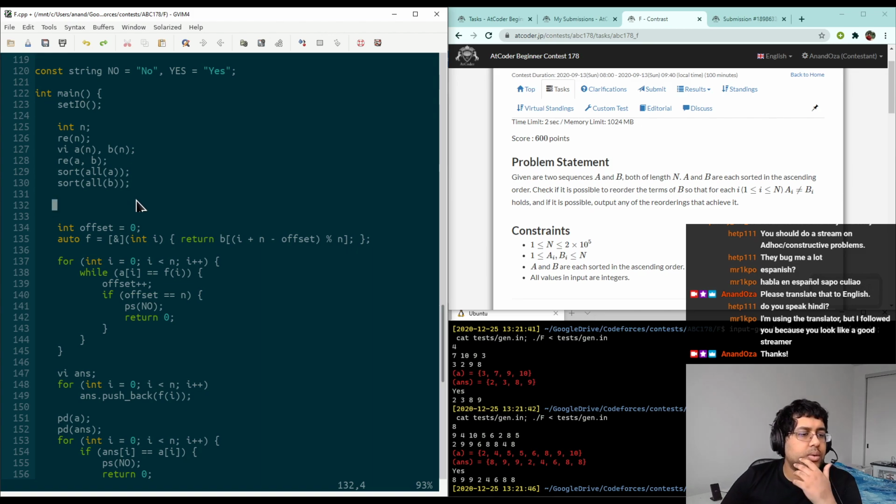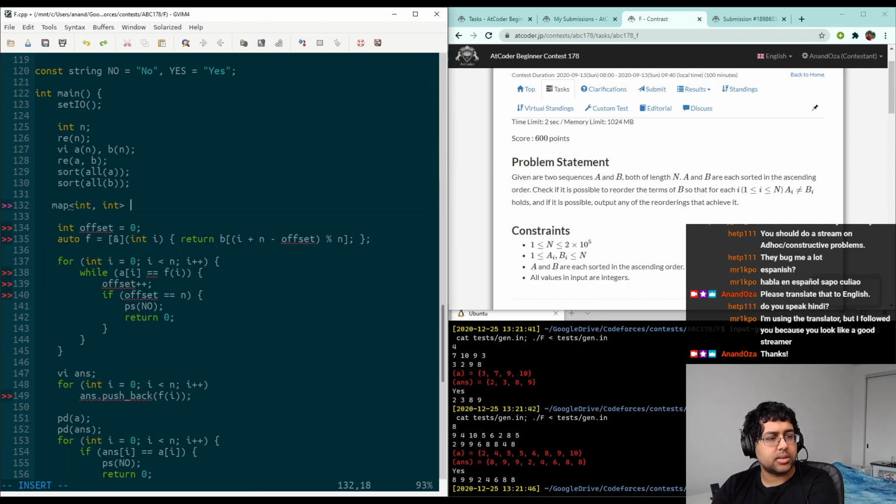Okay, cool. So I want to find some data structure that lets me pick the latest element that's not equal to a given element. So like basically we're sorting B in reverse, except not quite. So I guess what we want to do is something like this.